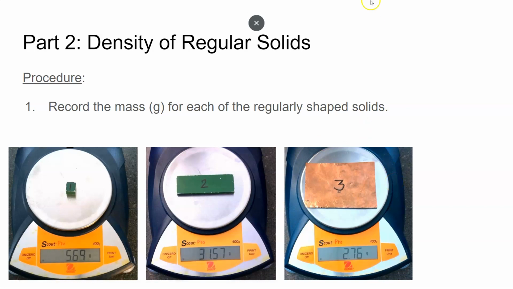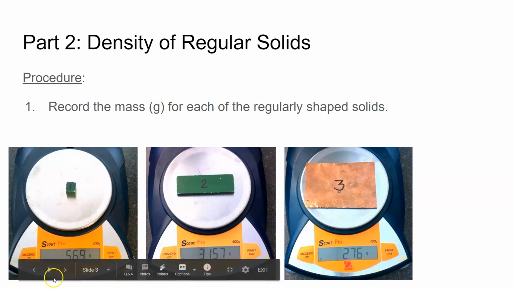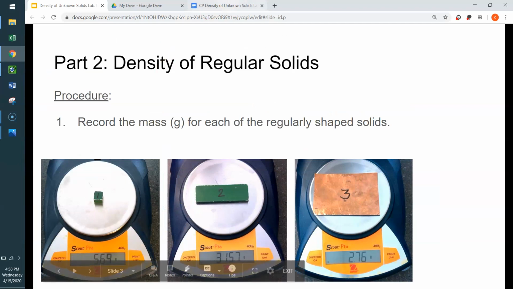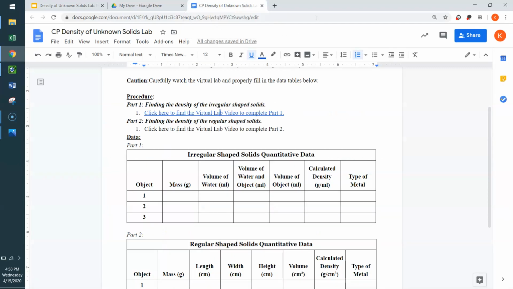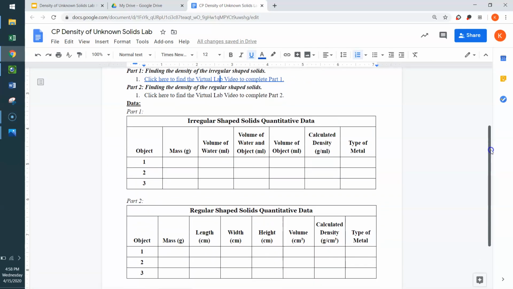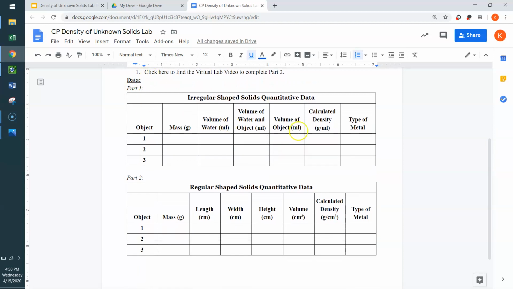What you should be doing now is making sure you are recording those masses in the Google Doc for our unknown solids lab. So you can see here that part 2, you should already have the irregular solids up here filled in. So right down here, the regular shaped solids, you're going to fill in the masses for the cube, the slab, and the sheet.